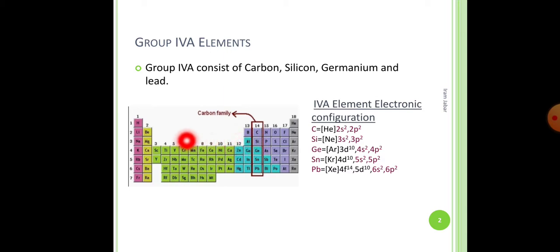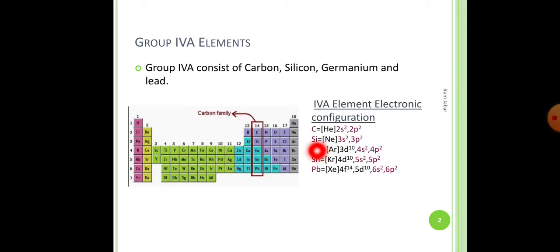As you can see, carbon belongs to second period, so its valence shell is 2, and carbon belongs to group 4A, so carbon contains 4 valence electrons which are present in 2s2 2p2.